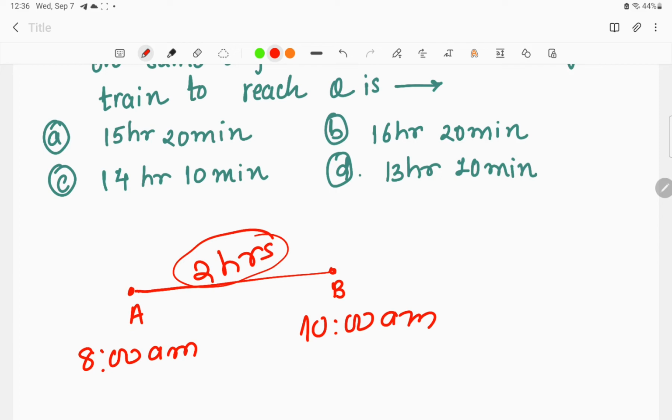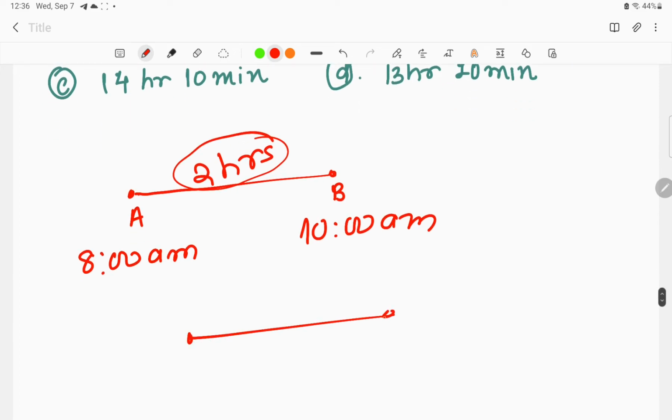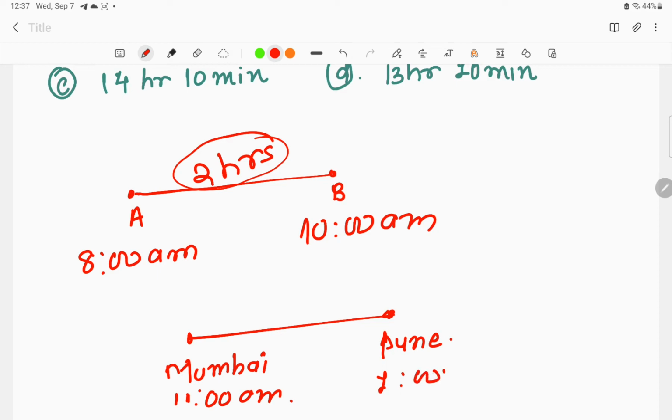If we take another example: Shubham started his journey from Mumbai at 11 a.m. and he reaches Pune at 1 p.m. Right?